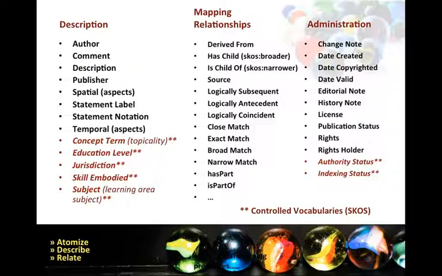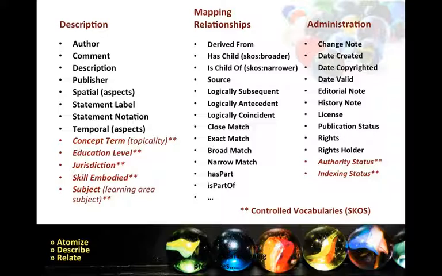The rich description has many, many properties. Here we see 3 columns. Over on the far left, descriptive properties. All of these properties can be used to describe an individual achievement statement. On the far right, we have administrative metadata to describe actions pertaining to that achievement standard.